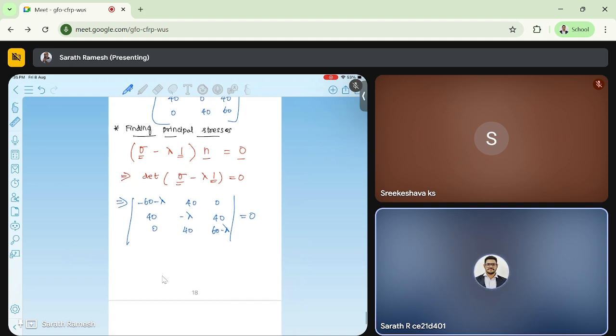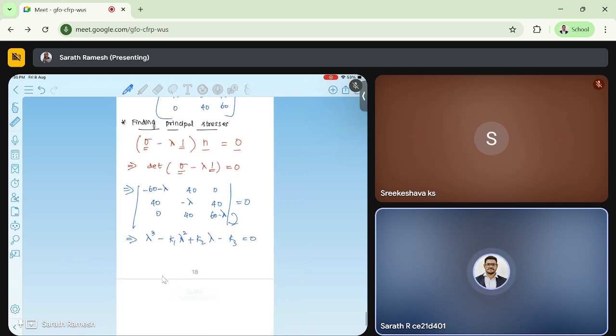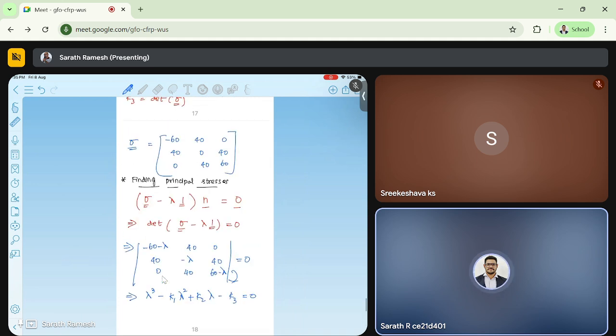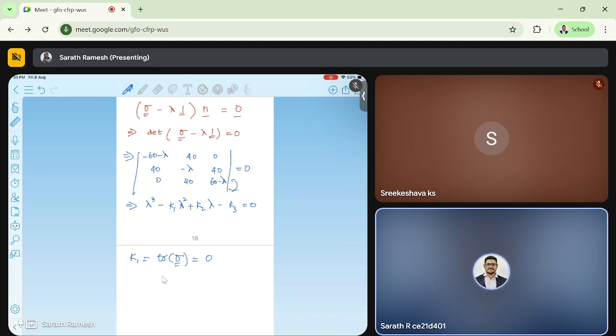So this will give rise to lambda cube minus k1 lambda square plus k2 lambda minus k3 equals 0. You can solve this directly, but since I know the form, I'm writing it directly. What is k1? K1 is the trace of sigma, which is minus 60 plus 60, which is 0. The trace of sigma is 0. It's a pure shear, right?